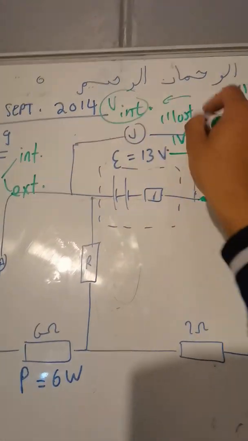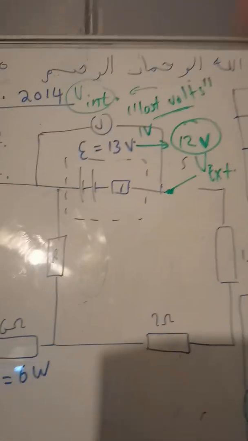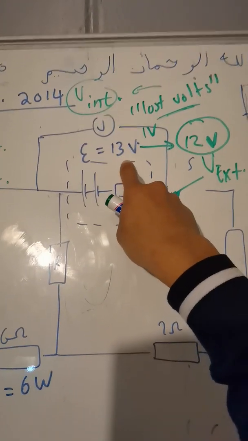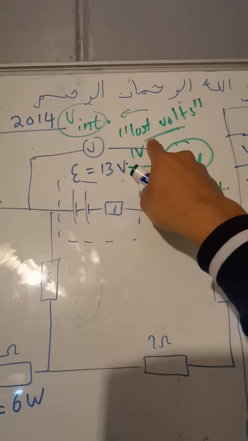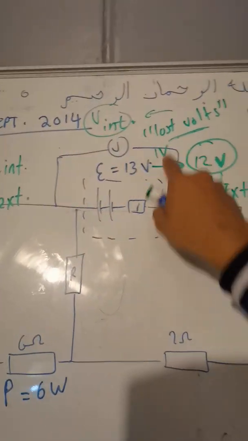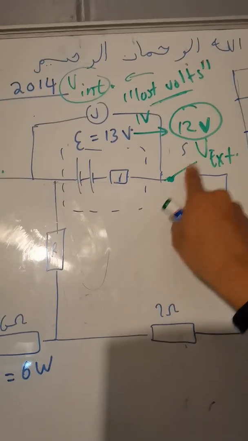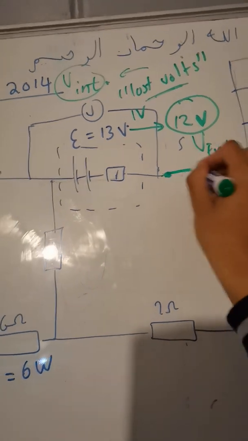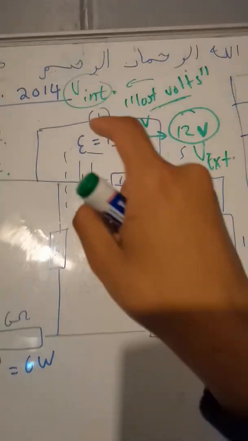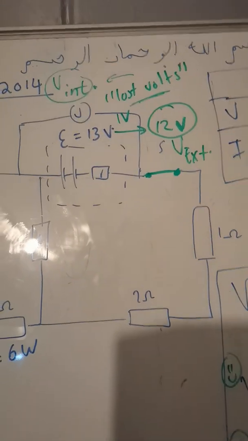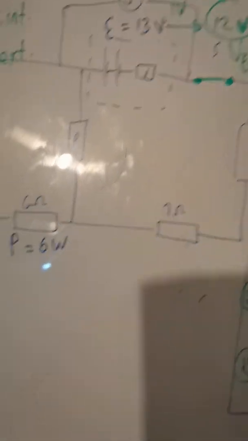So that voltmeter would read the total volts, which is 13 volts. But if the switch is closed, then the reading of the voltmeter is 12 volts, because then the voltmeter reads the external voltage.